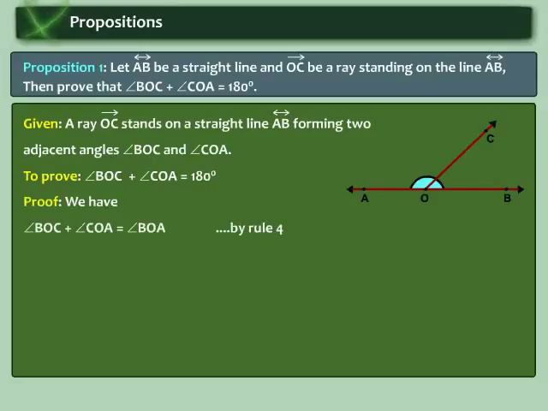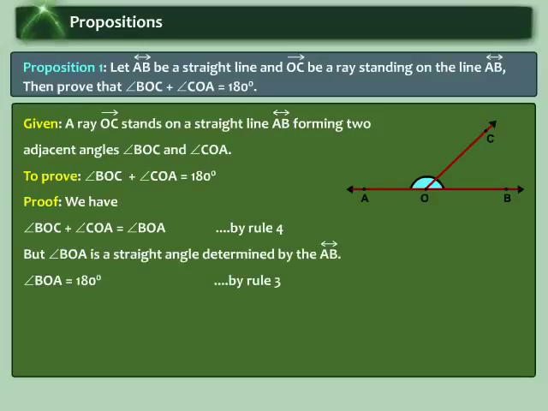Proof. We have angle BOC plus angle COA is equal to angle BOA by rule 4. But angle BOA is a straight angle determined by the line AB, so we can say that angle BOA is equal to 180 degrees by rule 3.